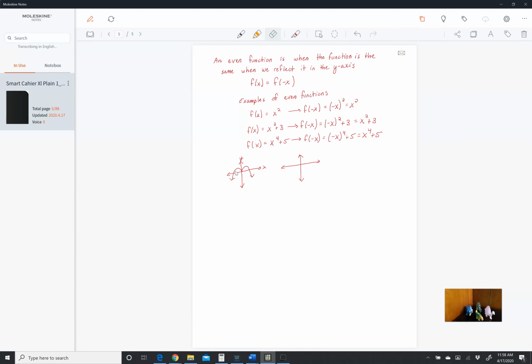This would be another one. So any function with the y-axis as a line of symmetry is even.